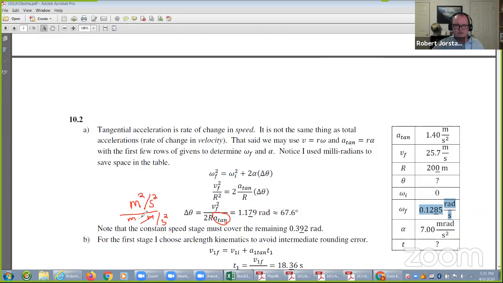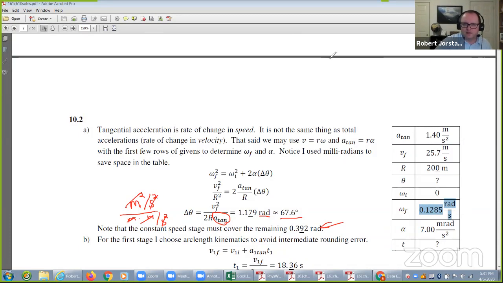And notice the meter squared drop, the second squared drop, and we get no units, which in this case, no units, it would make sense to write it as radians. All right. And obviously, if it's accelerating for that period of time or for that amount of angle, it must be a constant speed for the rest of the time.